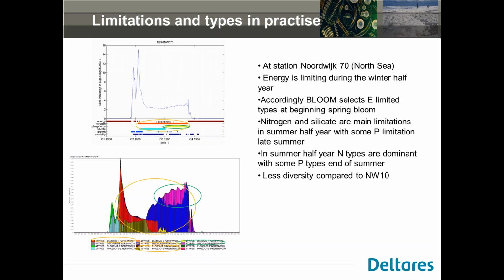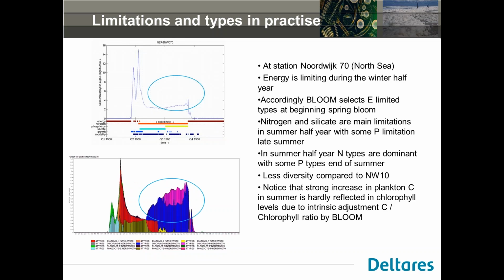One thing to point out in this particular case is that the blue one are the dinoflagellates N type, and the other one over here are the dinoflagellates P types. So this represents an example where two types of the same species coexist in the model.